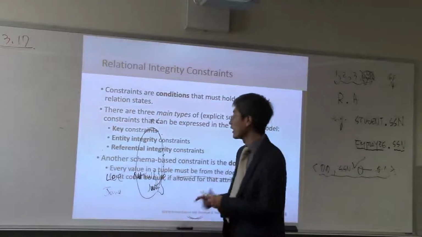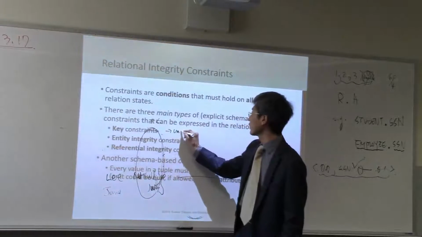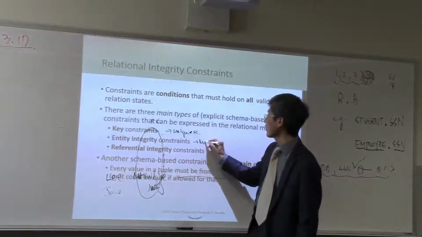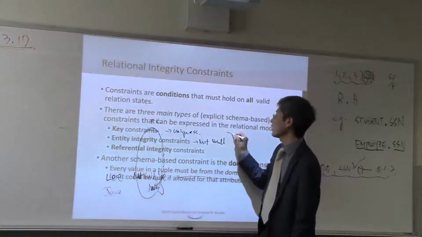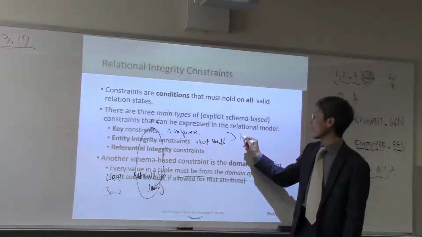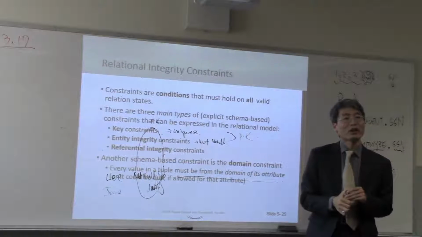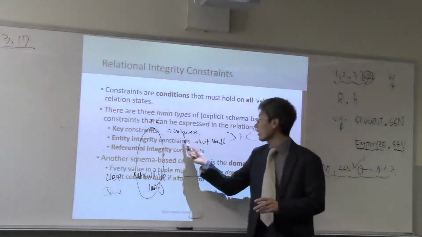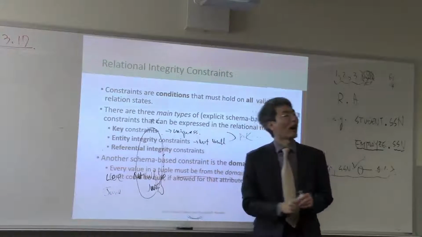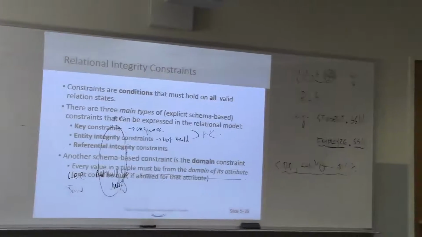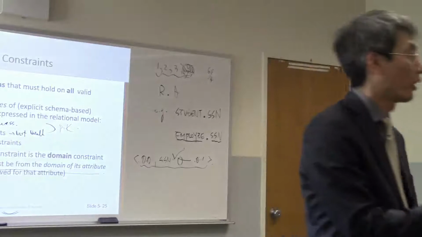So that is the reason the key constraint is uniqueness, and this is non-null. By combining unique and non-null, that is the definition of primary key. Only the selected primary key should not be null. So that is the reason: the primary key is a unique attribute as well as a non-null attribute.